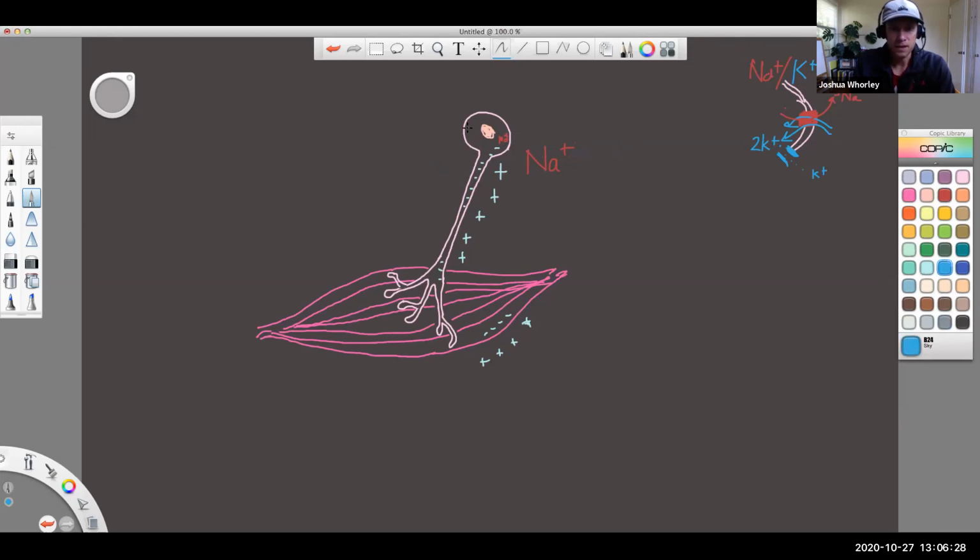Now there is in general a lot more potassium inside the cell than outside, but the electrical potential, or sorry, the driving force on this potassium is not very strongly outward. It is a bit, but not very strongly outward, while the driving force on sodium is very strongly inward.